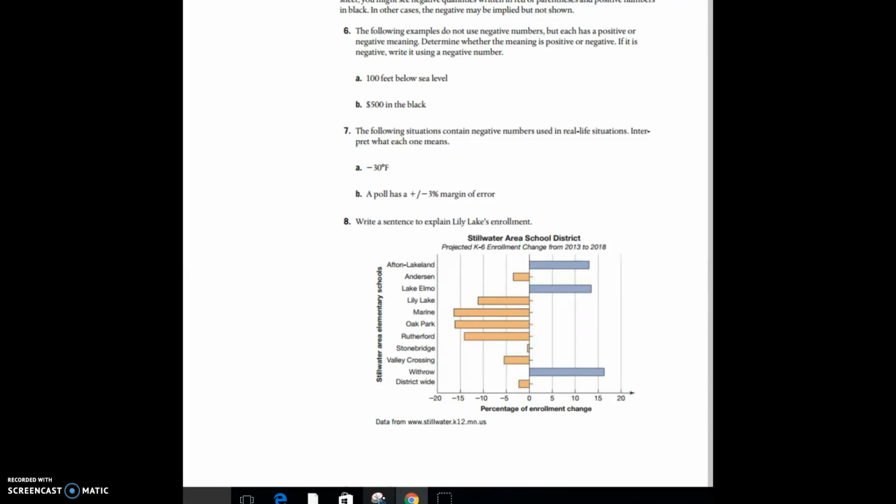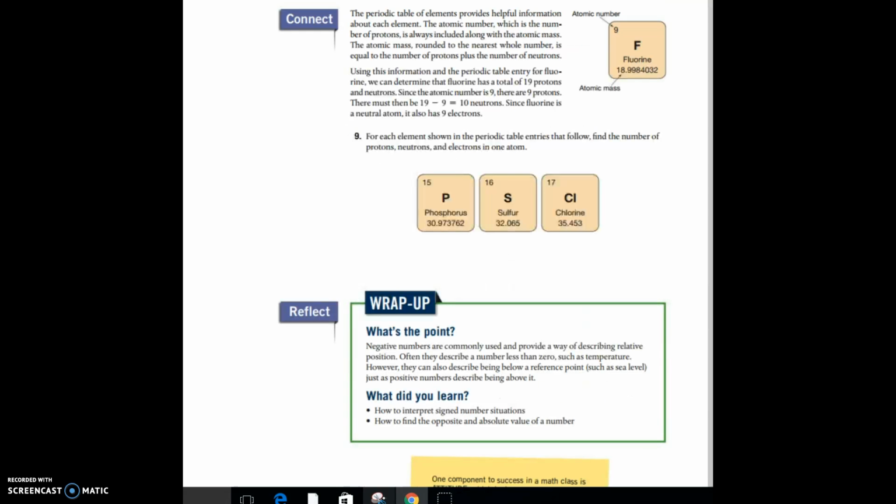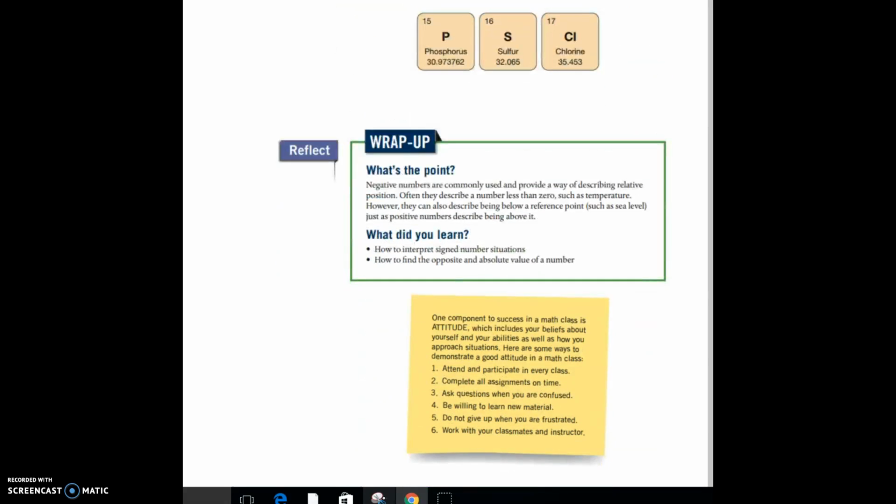All right, the next page. If you're in chemistry, you might want to read that, but we're not going to worry about it. Just know at the end of every section, it tells you what you were supposed to learn. So if you're wondering, did I get everything out of this section that I was supposed to? Maybe read that.